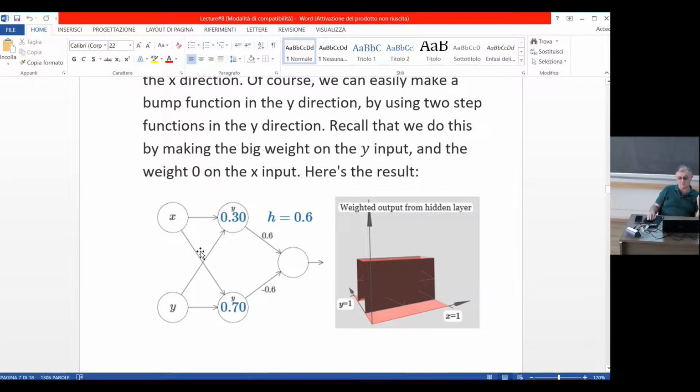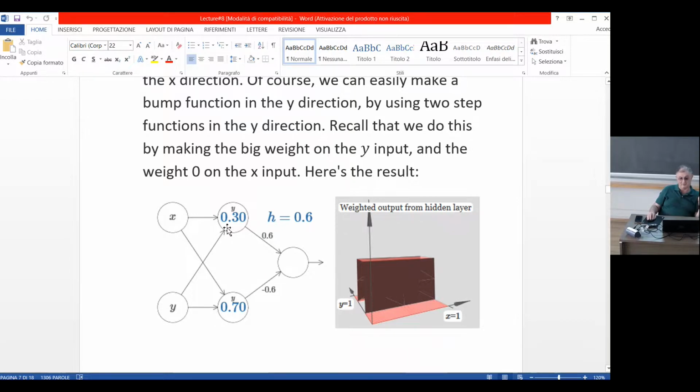To do it, we prescribe the weight from x to both hidden neurons equal to 0. So we have only the influence of the value y.